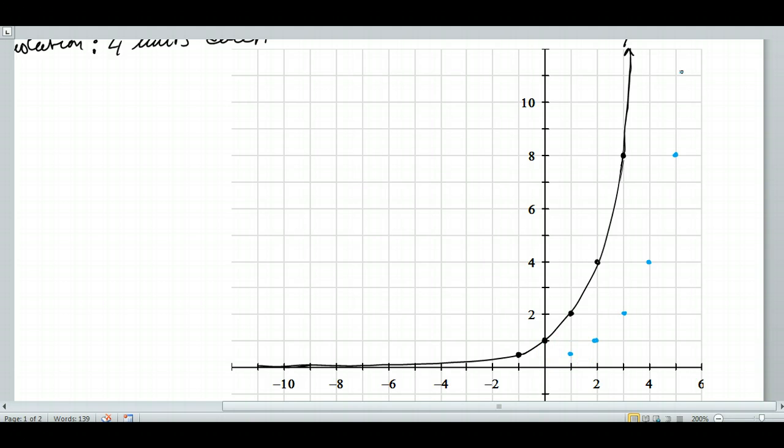Okay, let's graph again. Try not to go below the x-axis, right? It doesn't go past the asymptote. Actually, it never normally touches the asymptote.